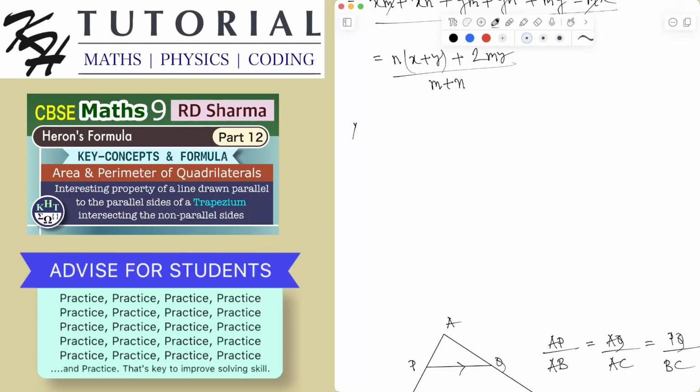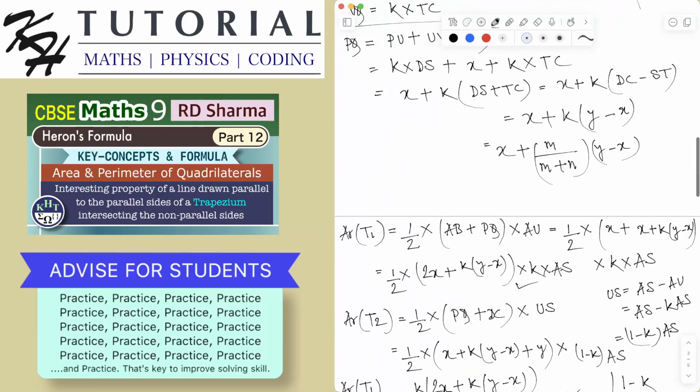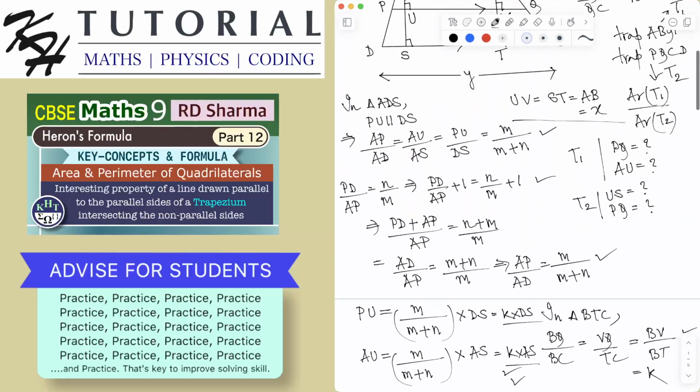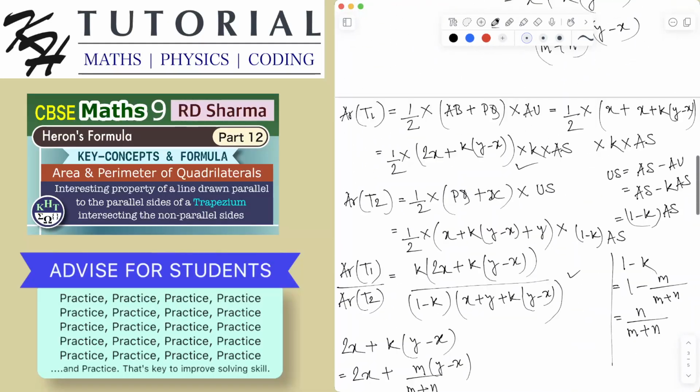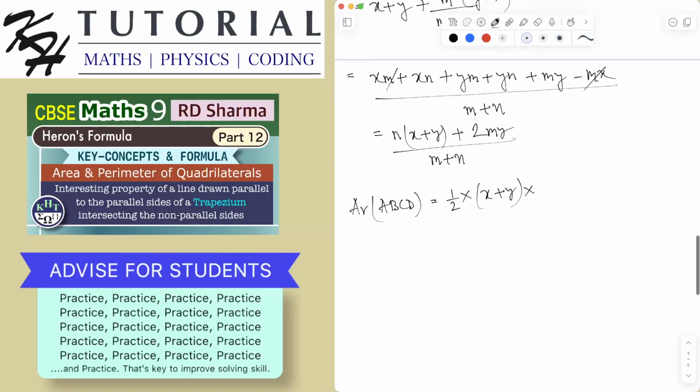So the area of the trapezium ABCD, we know, will be equal to half multiplied by the sum of the parallel sides, which is x plus y, multiplied by the altitude. For the original trapezium, the altitude is AS.